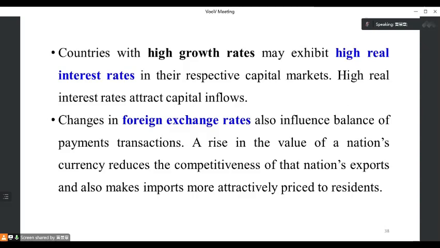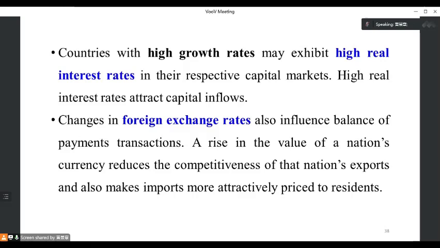In a simple word, high real interest rate attracts capital inflows. It means when a country's real interest rate is high, this country will attract capital inflows.